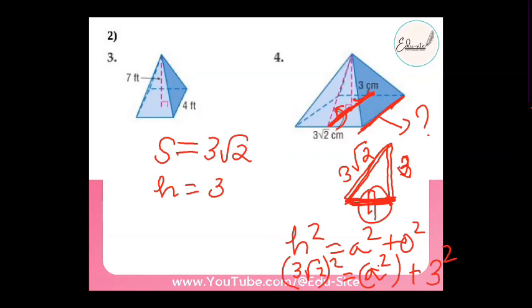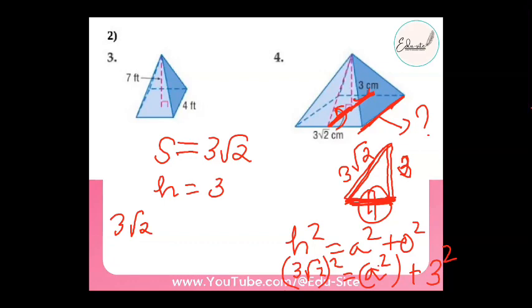What is 3 root 2 whole square? Please solve this down. 3 root 2 whole square is equal to a square plus 3 square. So it would be 9.